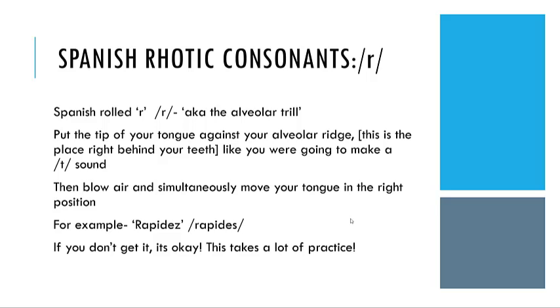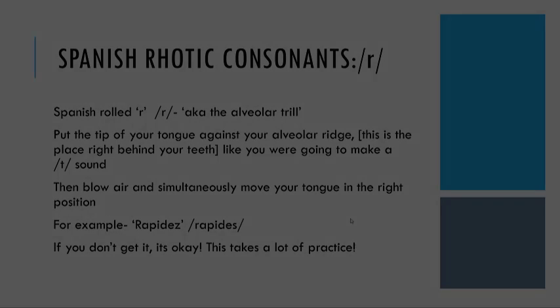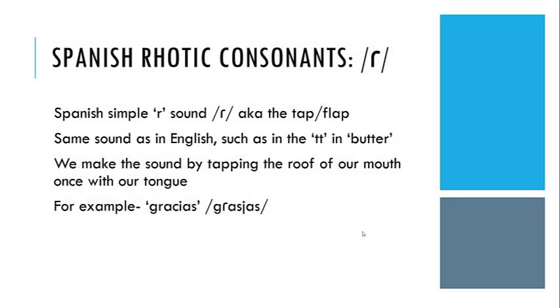Okay, now let's learn about the second Spanish rhotic consonant, the simple R, or the tap sound. This simple R, or the tap sound, actually exists in English. In English, this sound is the same as the T in butter. We are not actually saying butter, but instead we are simply tapping our tongue on the roof of our mouth and saying butter.